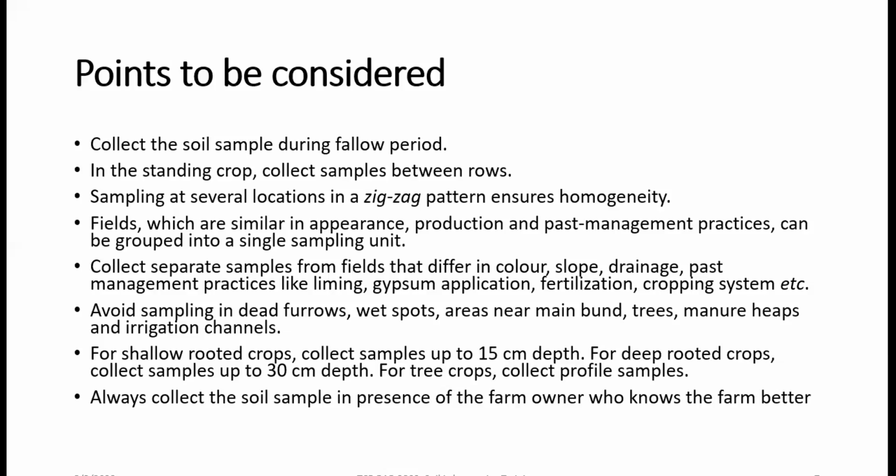If you take a sample from that and you get a result, then if you generalize the result of these spot areas, this can lead to misinterpretation of results, and also misunderstanding of the nature of this area.